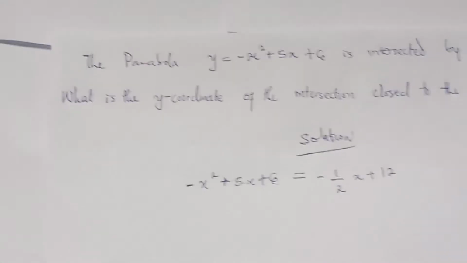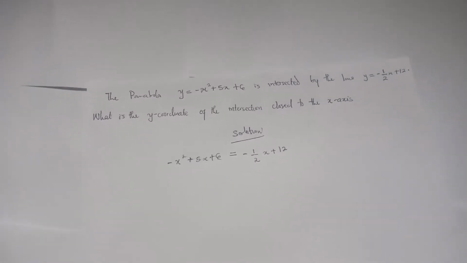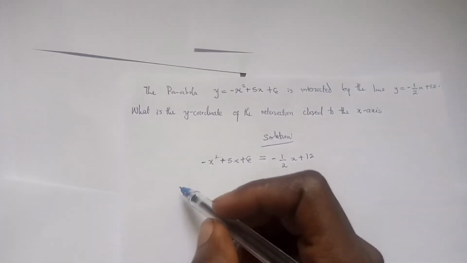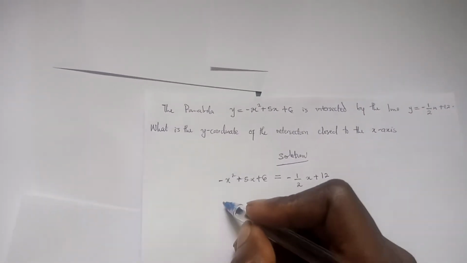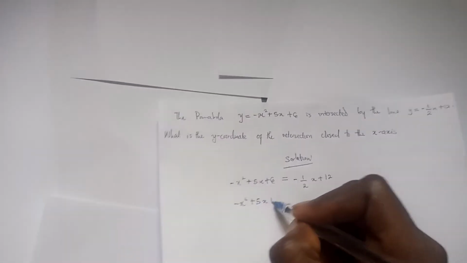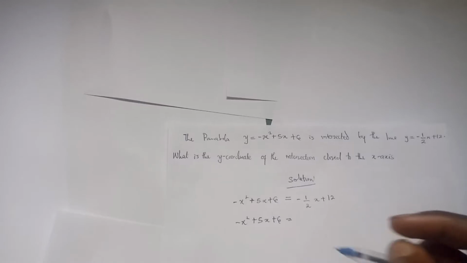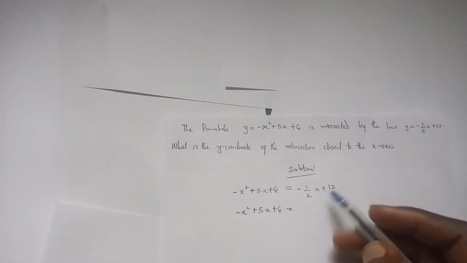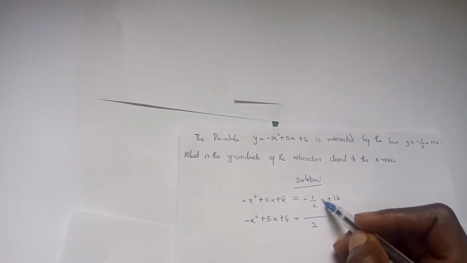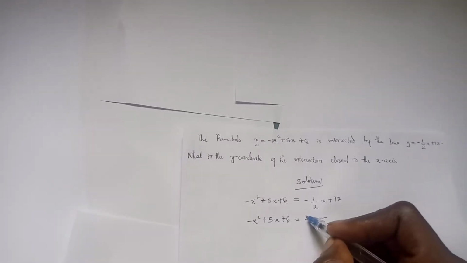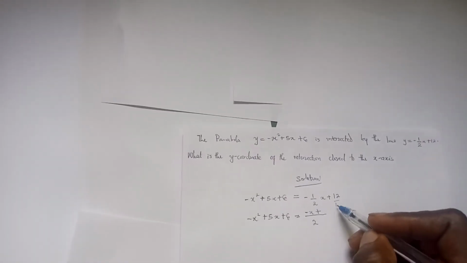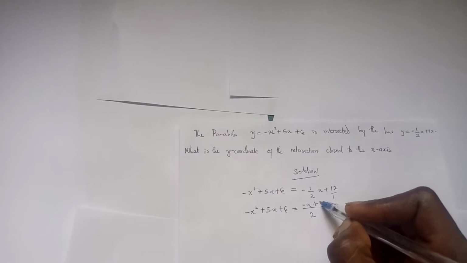Now I can write this as minus x squared plus 5x plus 6 is equal to, now the LCM of this place is 2. 2 into 2 is 1, 1 times minus 1x, that's minus x plus, there is 1 here, 2 into 1 is 2, 2 times 12, 24.